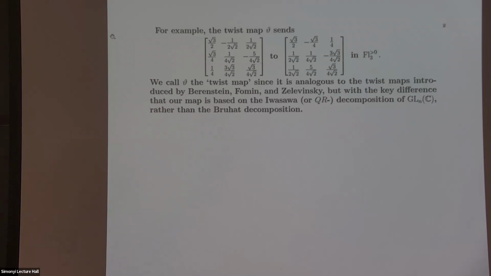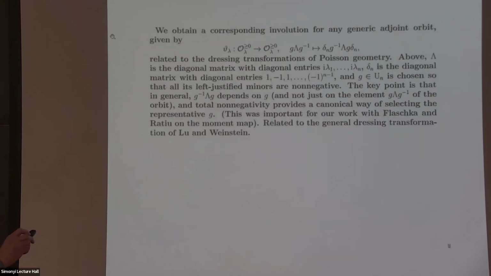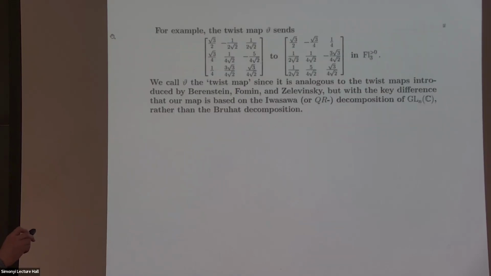So it occurs in other places actually. Here is just an example of the twist map, which does exactly what I told you. It does occur in the work of Berenstein, Fomin, and Zelevinsky on cluster algebras. It's based here on the Iwasawa decomposition, so you can apply it quite generally.